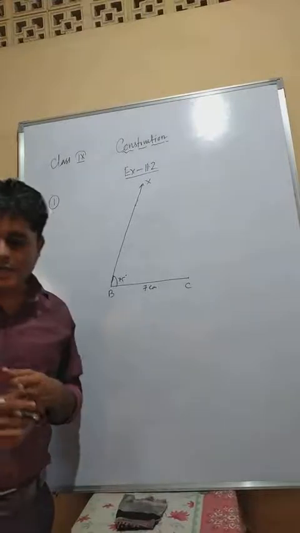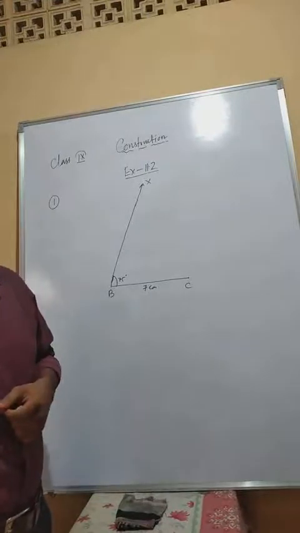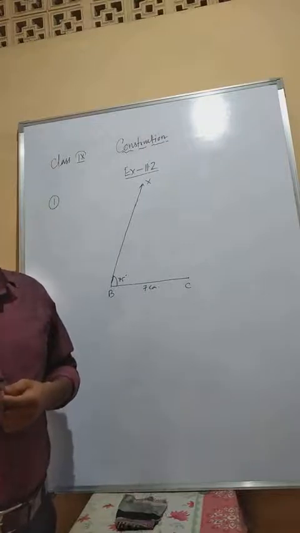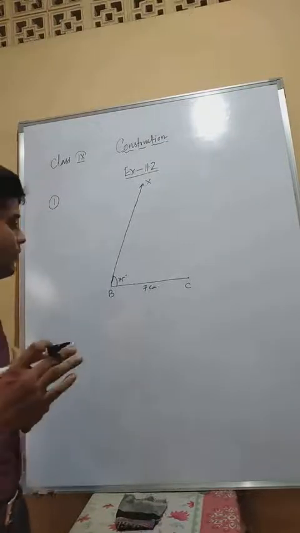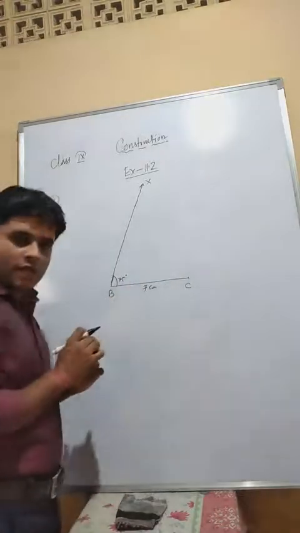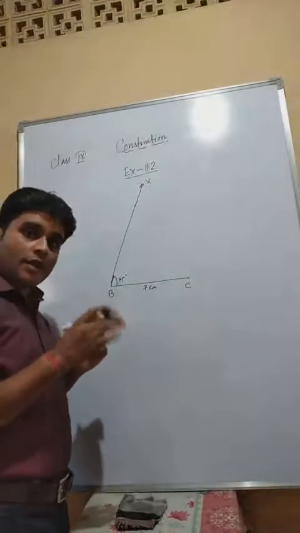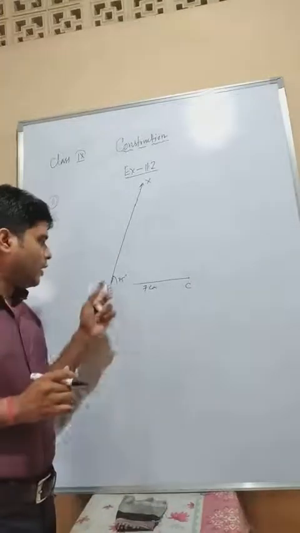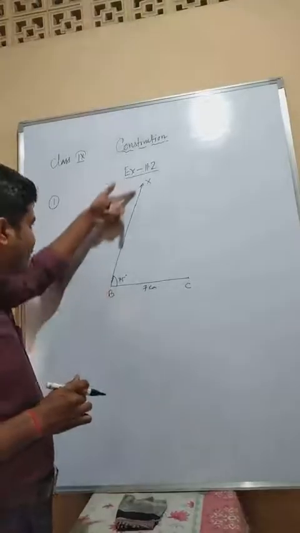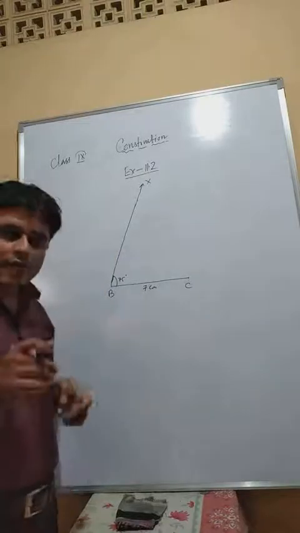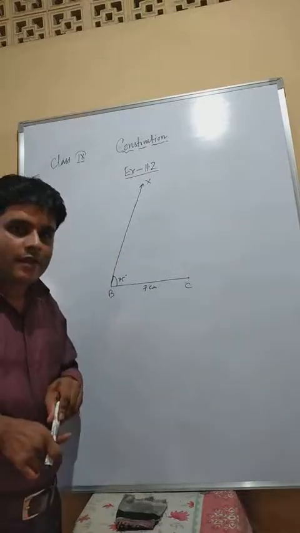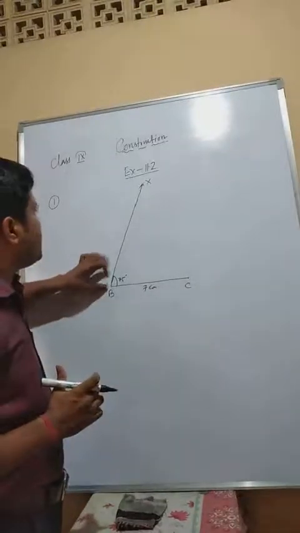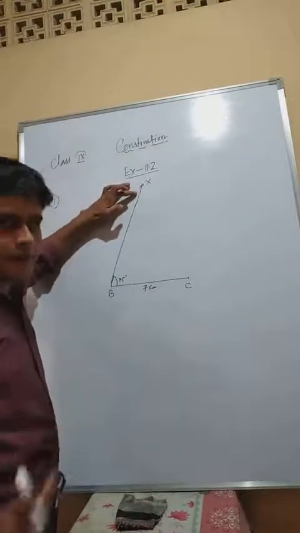Now after this you see what is given, sum of other two sides, that means AB plus AC. Now you see BC is 7 centimeter. Now sum of other two sides is 13 centimeter. So what you have to do? On this ray BX, you have to take one point, say D, in such a way that the distance from B to that point is 13 centimeter.